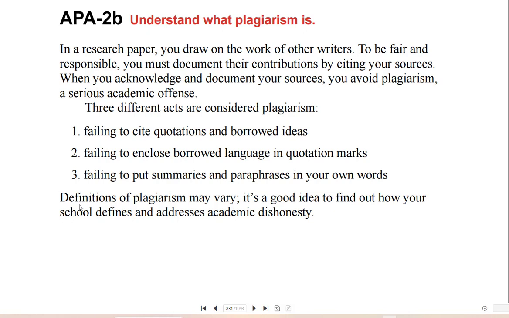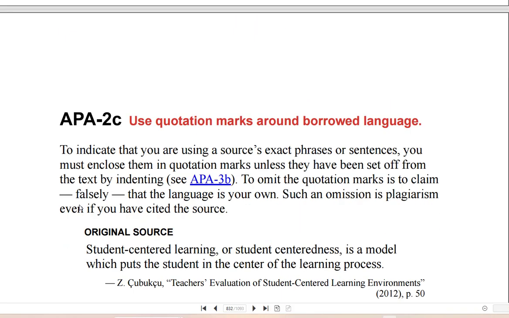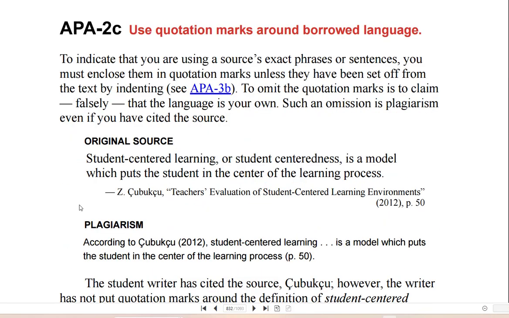Definitions of plagiarism may vary. It's a good idea to find out how your school defines and addresses academic dishonesty. Use quotation marks for your direct quotes to indicate that you are using a source's exact phrases or sentences.